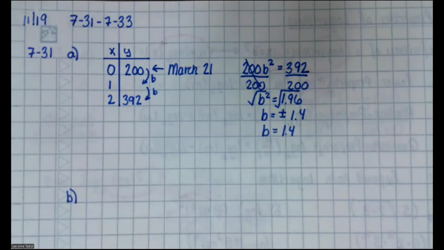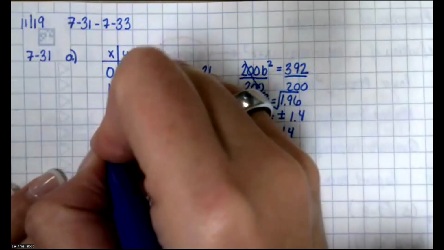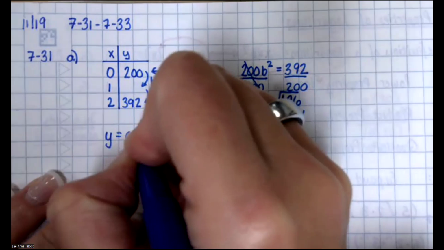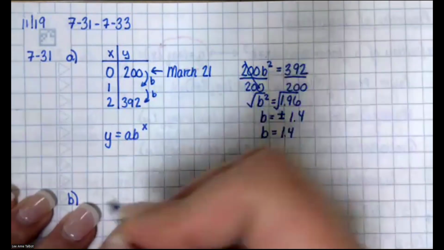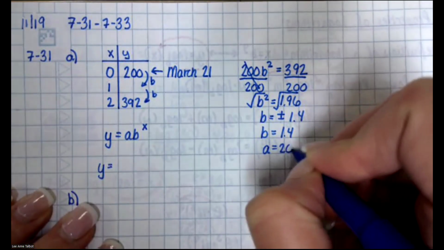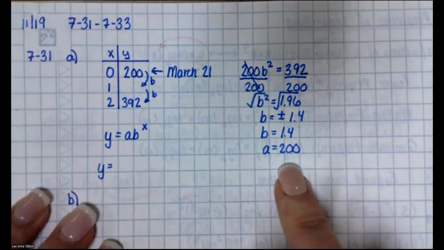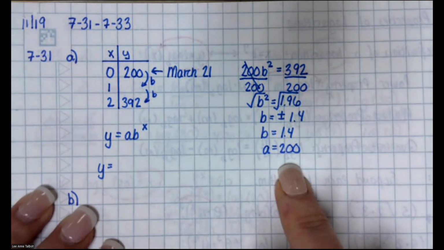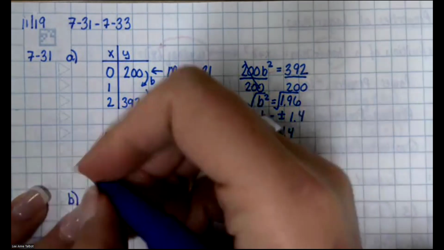Okay, so let me remind you how to do the equation. So the equation is y = ab^x. And in this case, a is 200 because that's the start, or day zero.